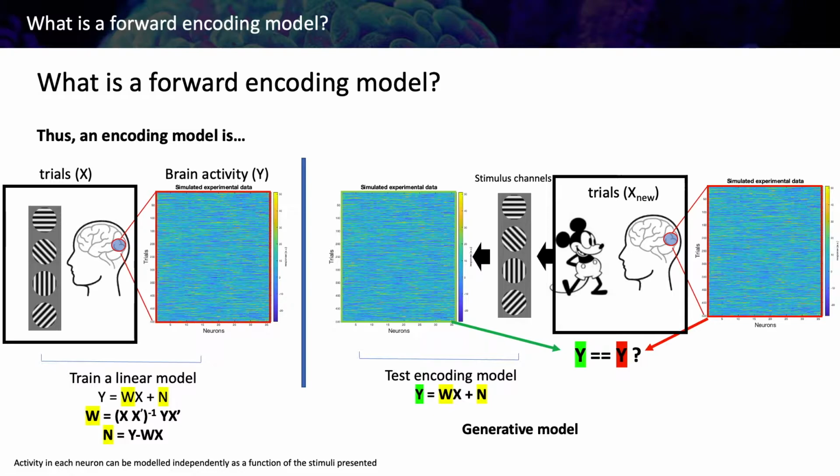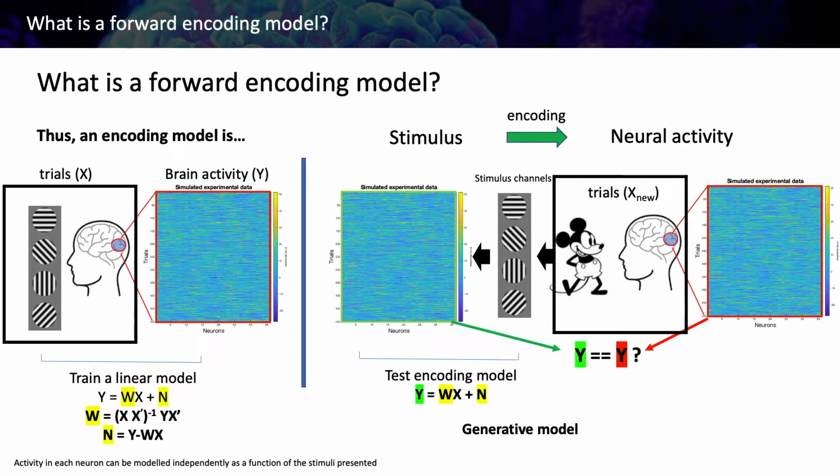So the difference between the decoding models and the encoding models is that in the encoding model, what you do is learn how to map the stimulus to neural activity. These types of models are known as generative models. Some of you might think, okay, this is a little bit boring because I'm interested in decoding activity from the brain, so I want to know if I can separate between different stimuli.